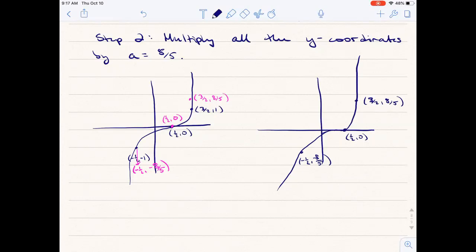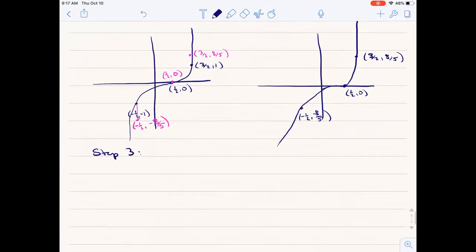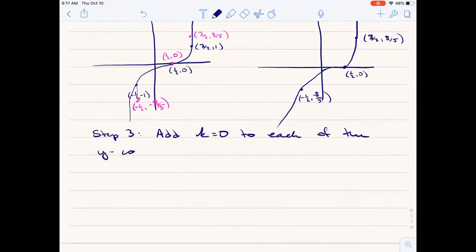I think I forgot to do, oh, well, step 3 is nothing, right? Step 3 is add k equals 0 to each of the y coordinates. Done.